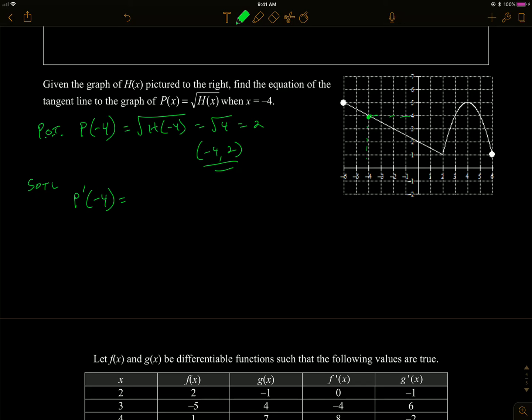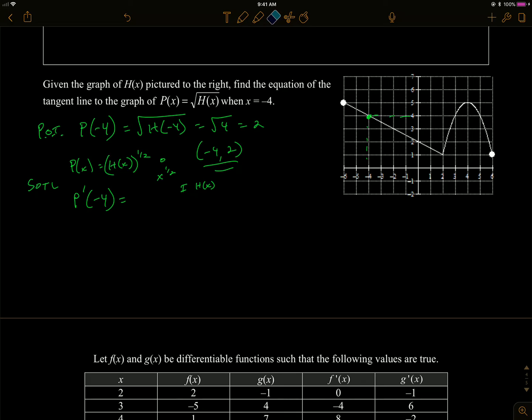So we notice that when we go to do the derivative of this, it is a chain rule because it's an outer function and an inner function. I can look at p of x as h of x, that inner function, to the 1/2 power. So my outer function would be x to the 1/2. My inner function would just be h of x, which I just have a graph for.